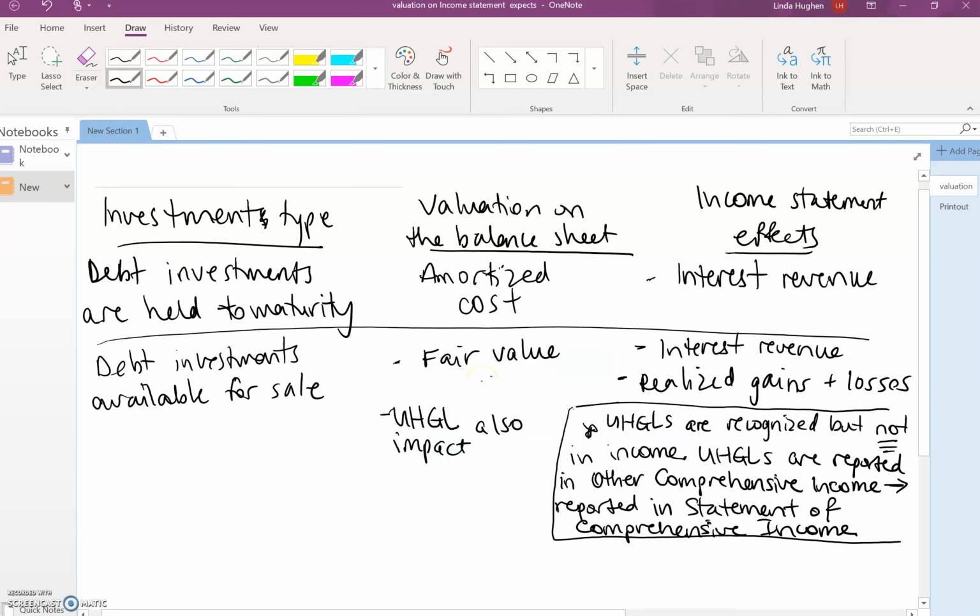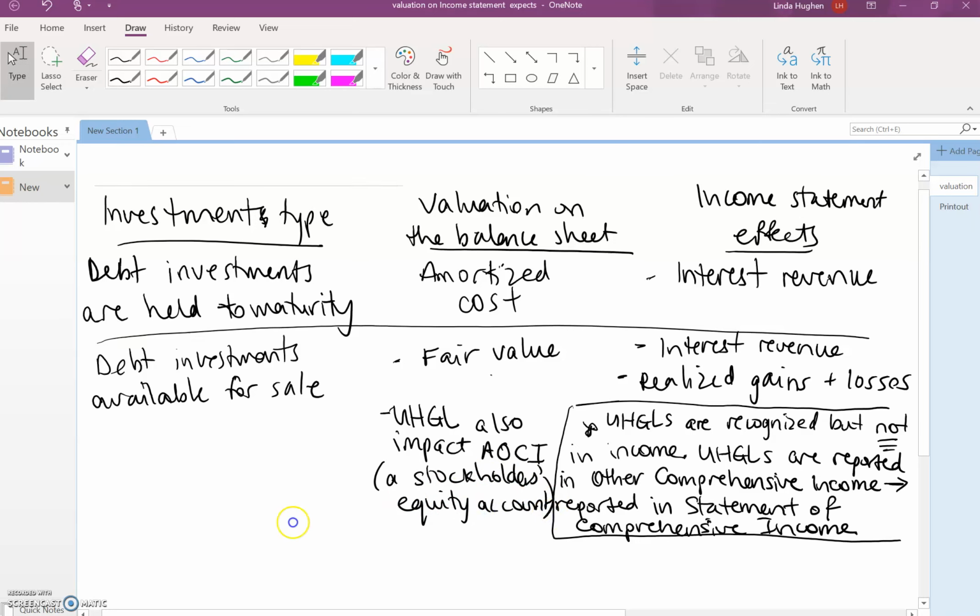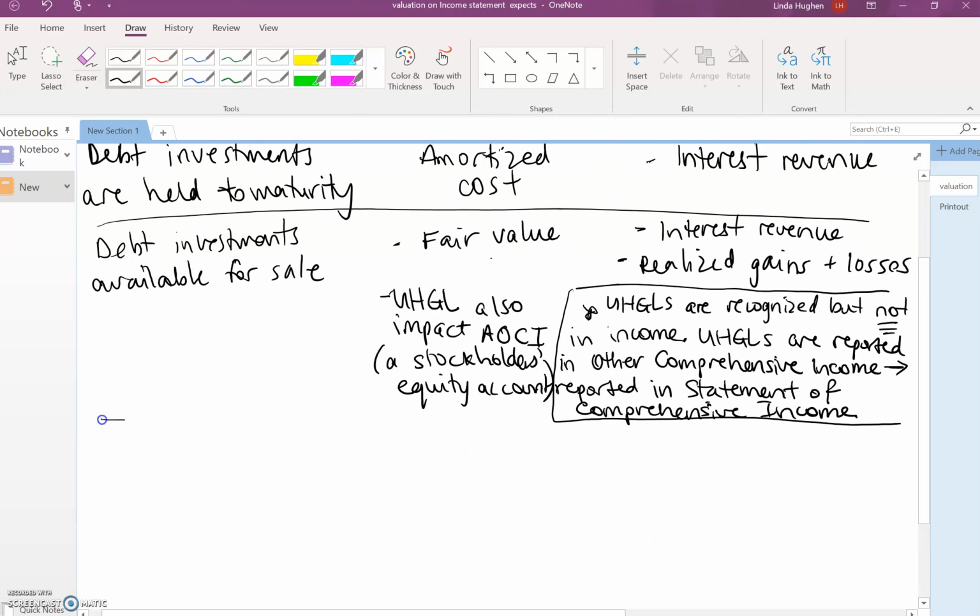But what's the other side of that entry? If it's a debt investment classified as available for sale, the unrealized holding gains and losses impact accumulated other comprehensive income. And where do we report accumulated other comprehensive income? Remember, this is reported as a part of stockholders' equity.